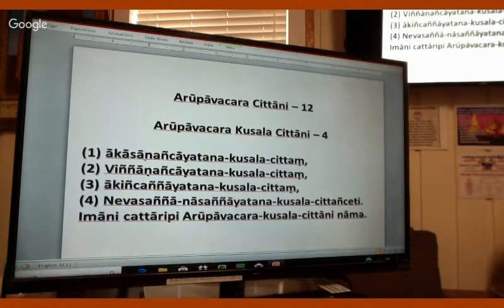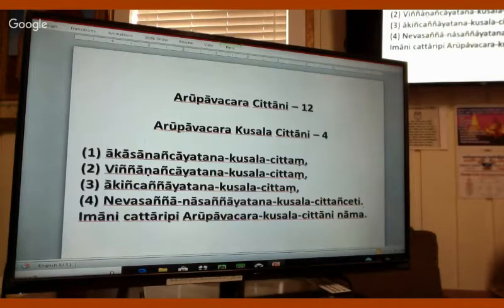The second Arupavachara jhana is Vinnanancayatana Kusala Chitta. The third is Akincannayatana Kusala Chitta. And the fourth, Nevasannanasannayatana Kusala Chittanca. Imani cattari Arupavacara Kusala Chittani nama.